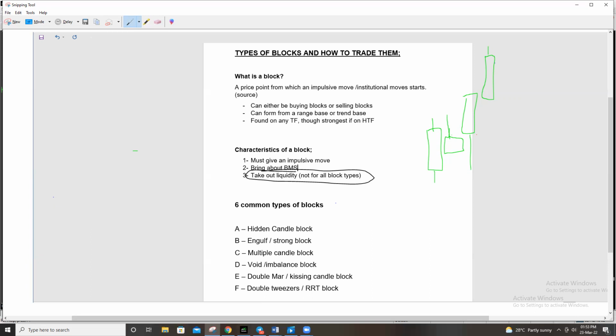Yes, it's green, but there's a candlestick to the left and to the right. It's in there, the invisible candle. This is a candle that will give you a very strong block. So when you're drawing a block on that move, you just highlight that hidden candlestick. This is usually a very strong block, the hidden candle block.